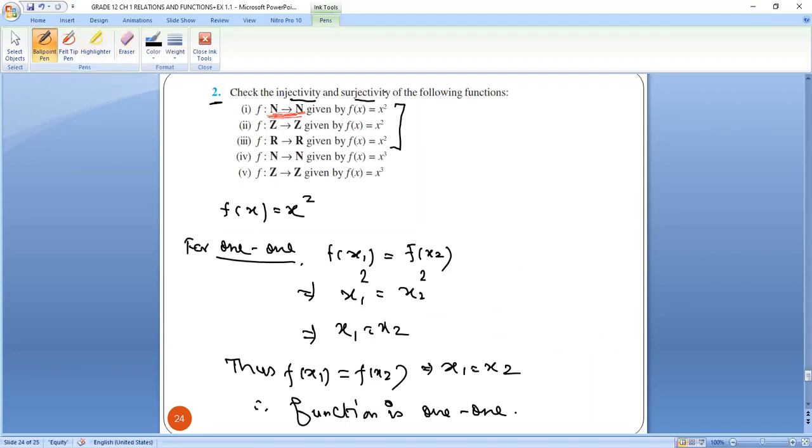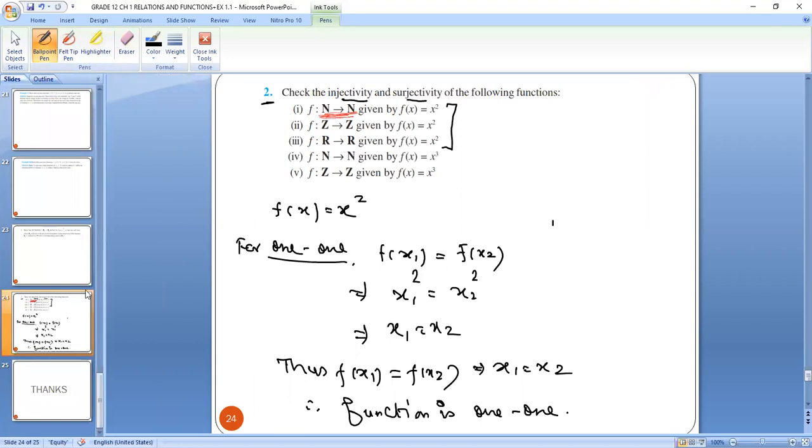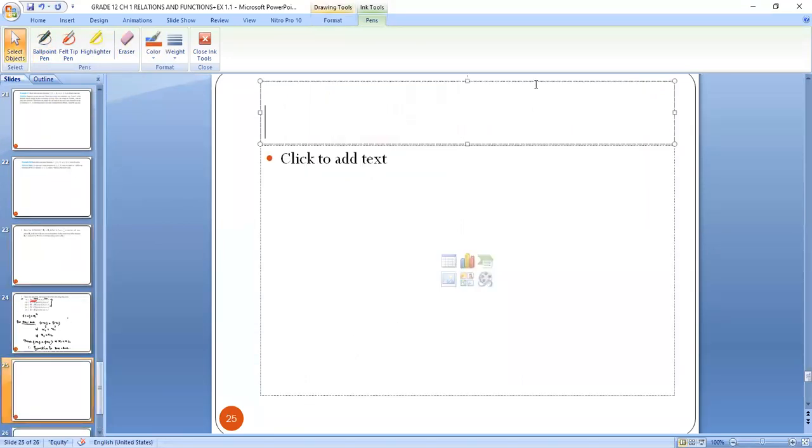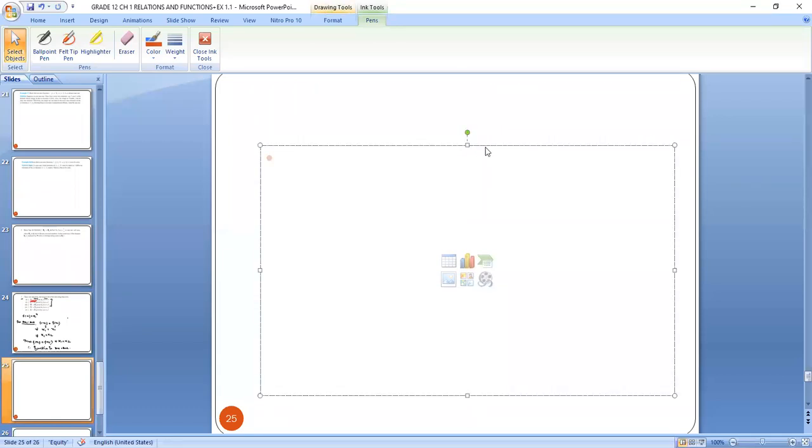Now we will check whether the function is onto, right? Okay, just wait. We will be checking whether the function is onto. For this, what will be the steps?